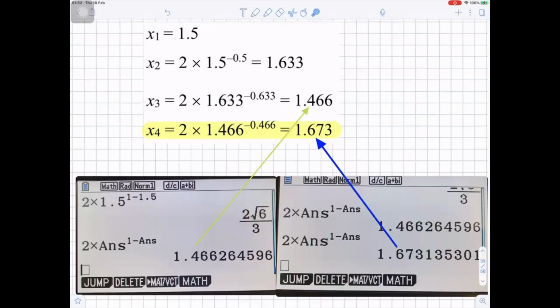When you're using your calculator, you can just press Ans and use the answer. It uses the previous answer there to give you this new one, so you don't have to type the numbers all over again. And you can see here you get 1.466, and for the last one you get 1.673.